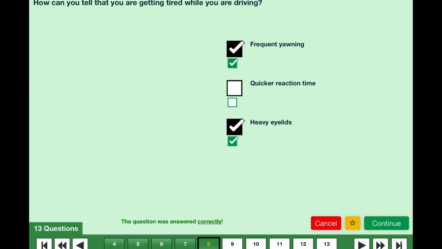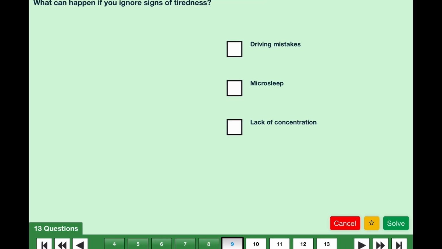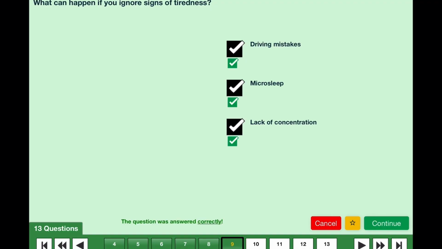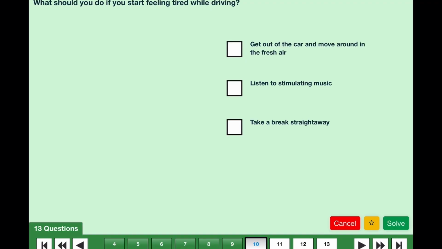So 1 and 3 are the correct answers. Number 9. What can happen if you ignore signs of tiredness? Driving mistakes, yes. Micro sleeping, yes. Lack of concentration, yes. 1, 2, and 3 are the correct answers.